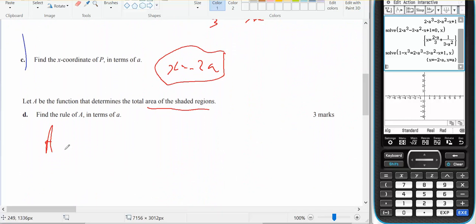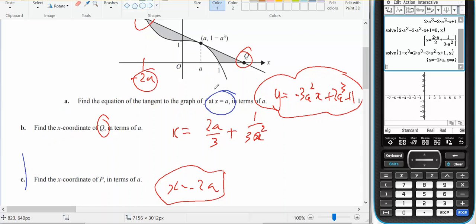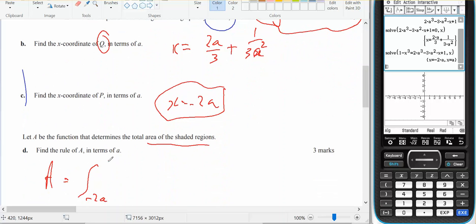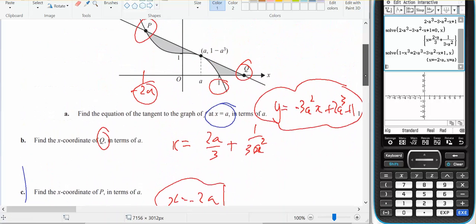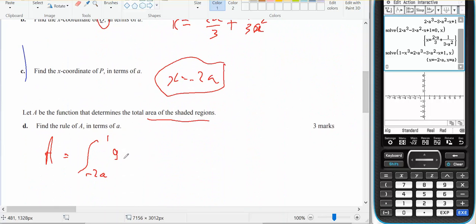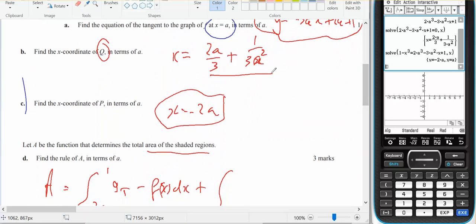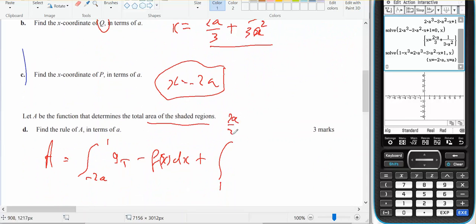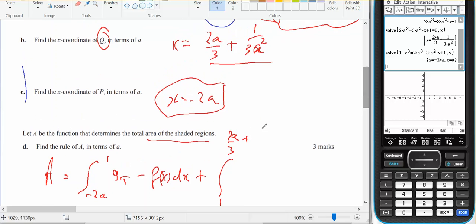So the total area will equal the integral from minus 2a to 1 of y on the tangent minus f of x dx, then the integral from 1 to the x-intercept, which is this, 2a on 3 plus 1 on 3a squared, of f of x dx.